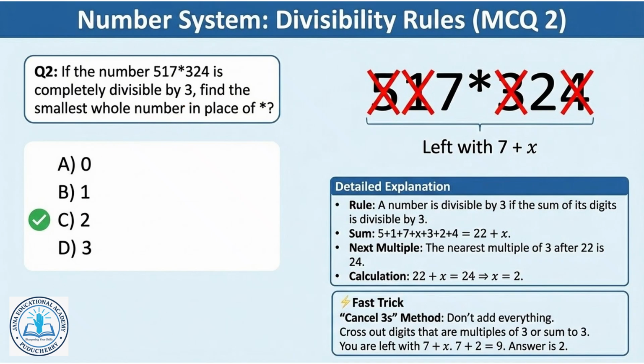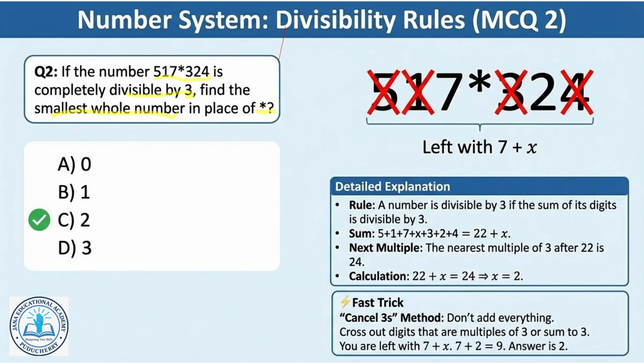So we have to keep in mind what they said: 517 star 324 is divisible by 3, and we have to find the smallest whole number in the place of the star.